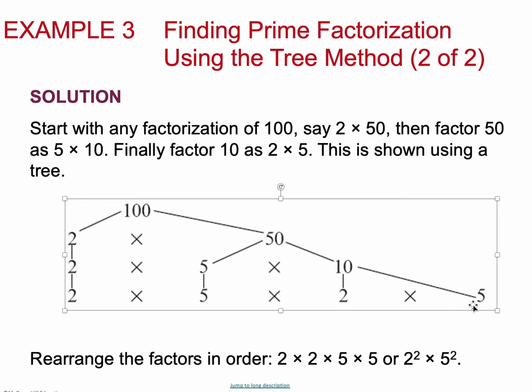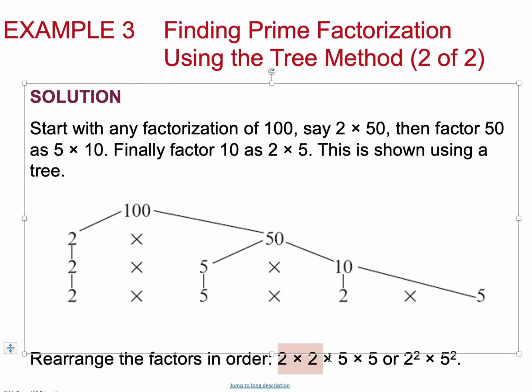And then I have a 5 remaining. So that's how I'm generating this factor tree, so that I get 2 times 2 times 5 times 5, or 2 squared times 5 squared.